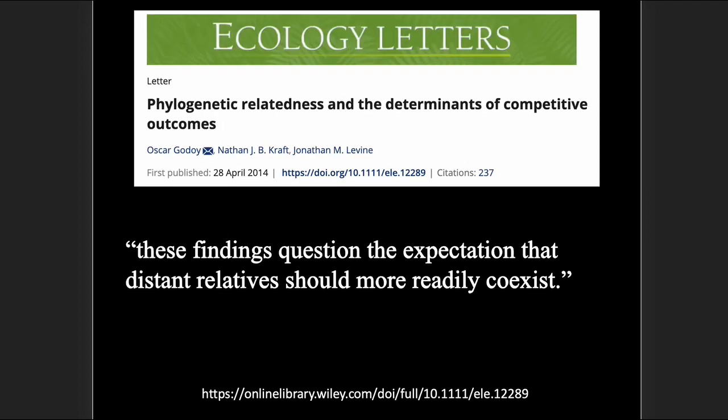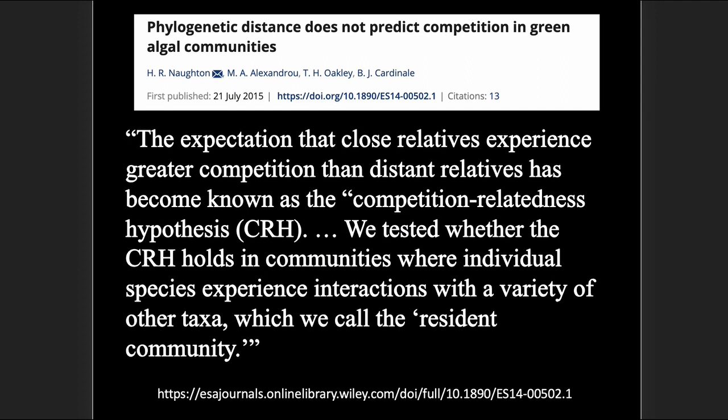Indeed. Another paper states, "These findings question the expectation that distant relatives should more readily coexist." And another paper, "The expectation that close relatives experience greater competition than distant relatives has become known as the competition relatedness hypothesis, CRH." Again, this goes back to Darwin's ideas.